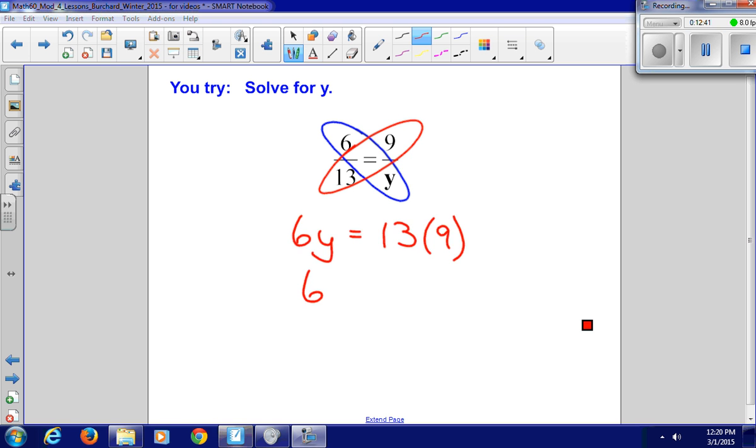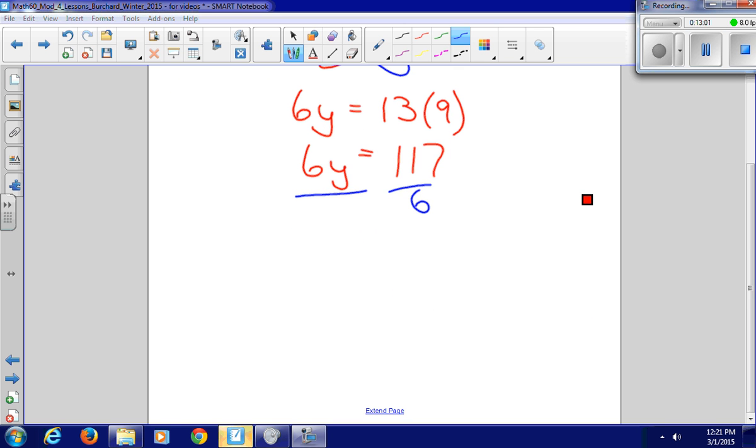So 6y is equal to, let's see, 90 plus 27, so 117. I'm just multiplying 13 times 9. Then 6y equals 117, I'm going to divide both sides by 6. So y equals 117 sixths.